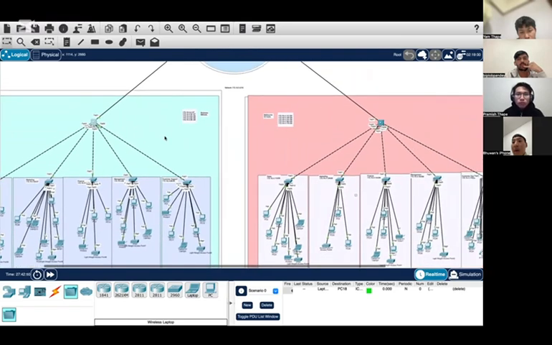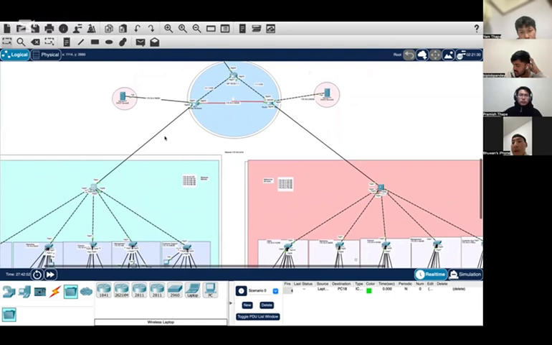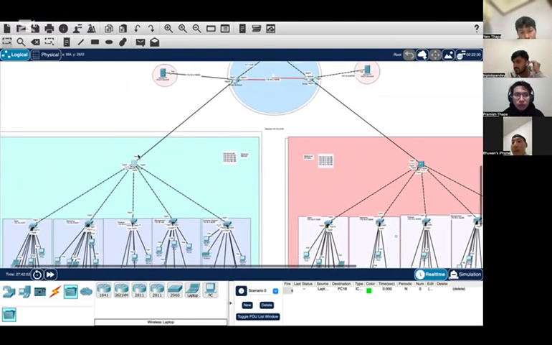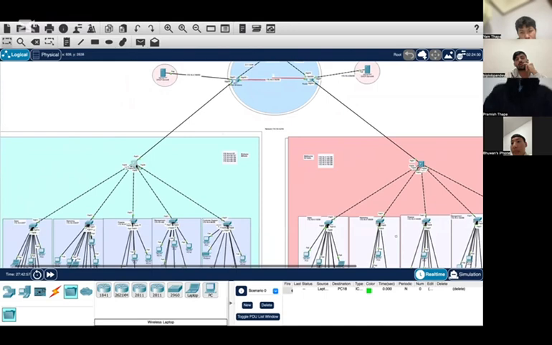In each department, we need to configure VLAN. The access switches are given VLAN access by the multi-layer switch according to their department.